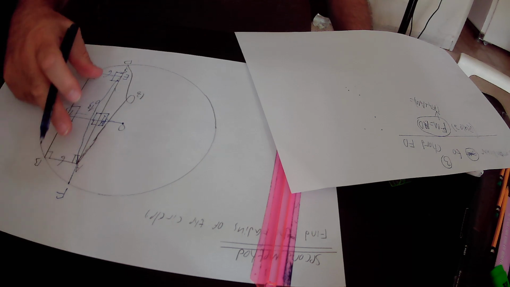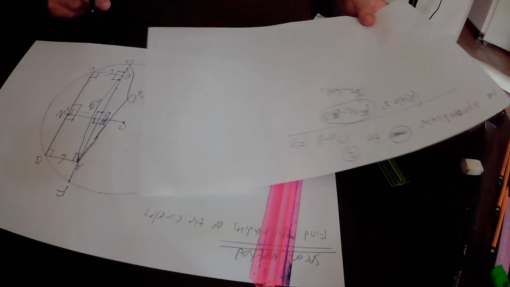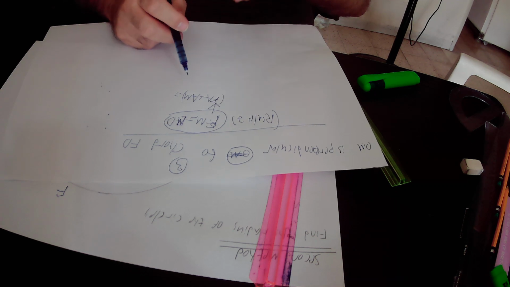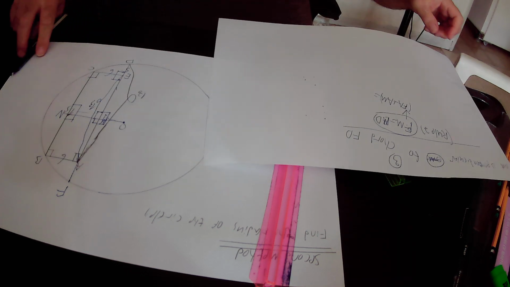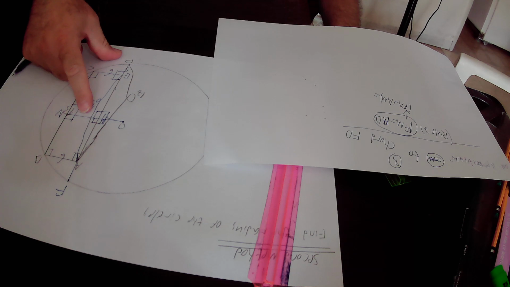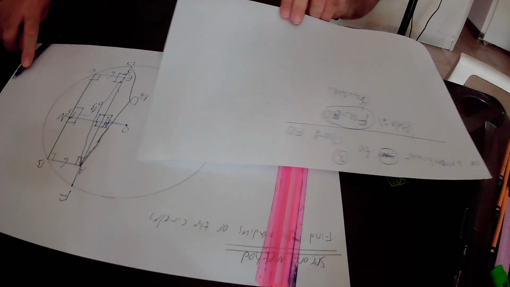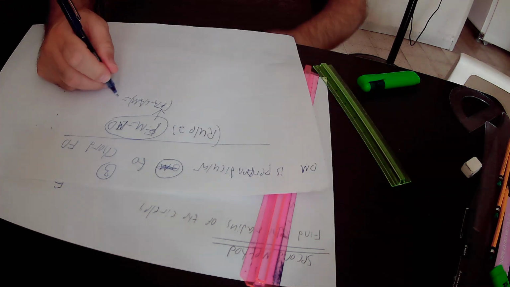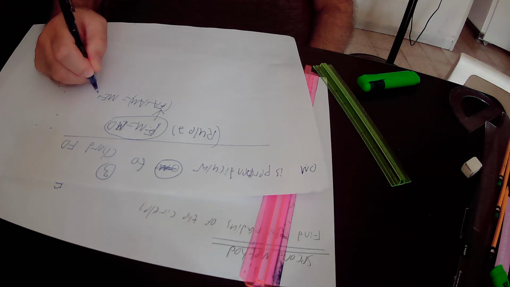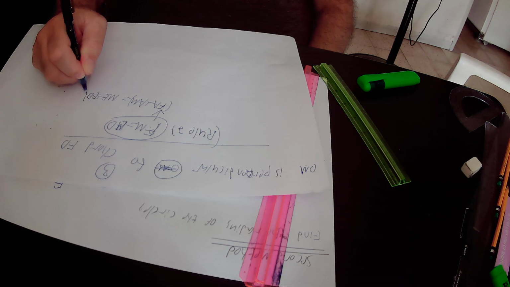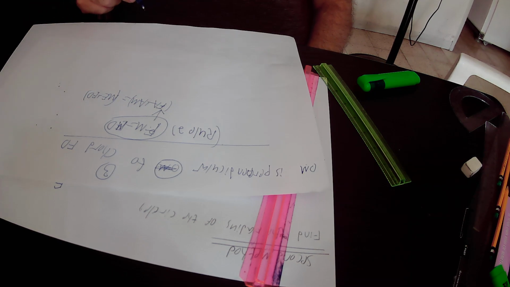What is the value of MD? MD equals ME plus ED. So in conclusion, we found out that FA plus AM equals ME plus ED.